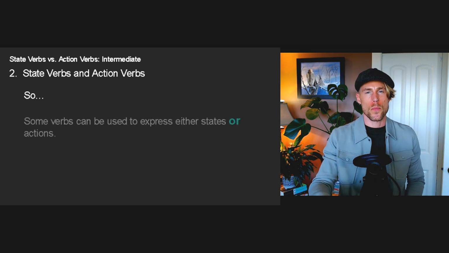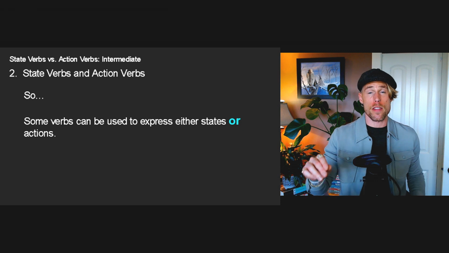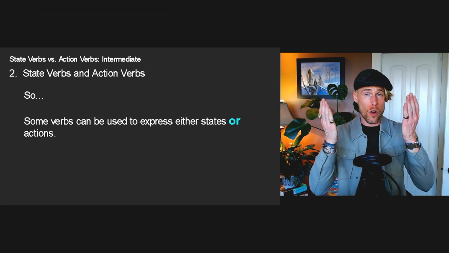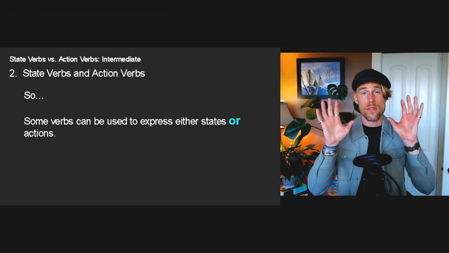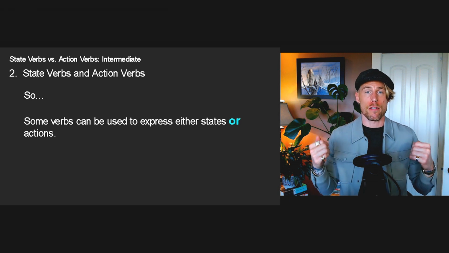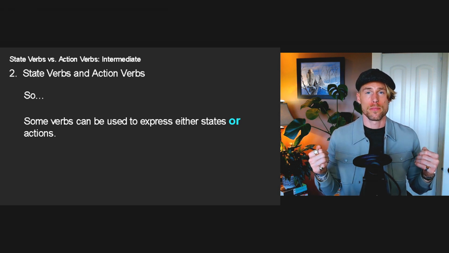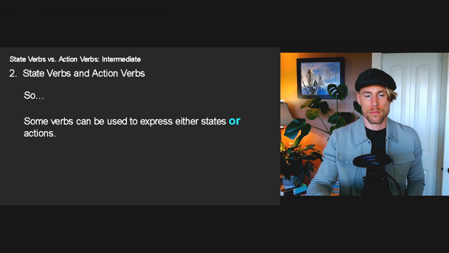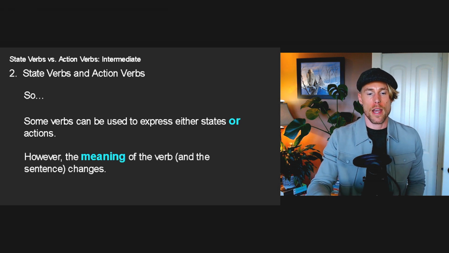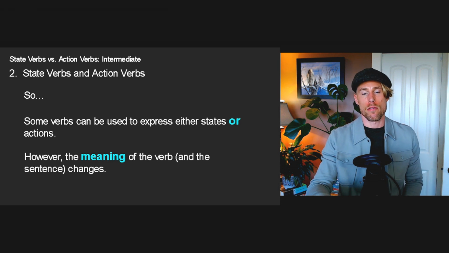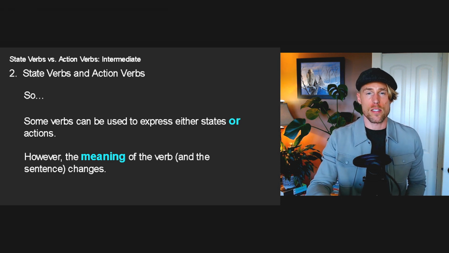So, some verbs can be used to express either states or actions. So both, but the grammar is different for both. And the meaning of the verb or the sentence changes.